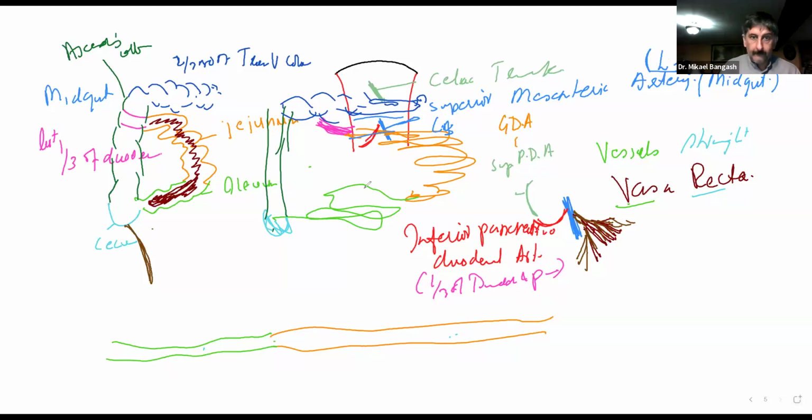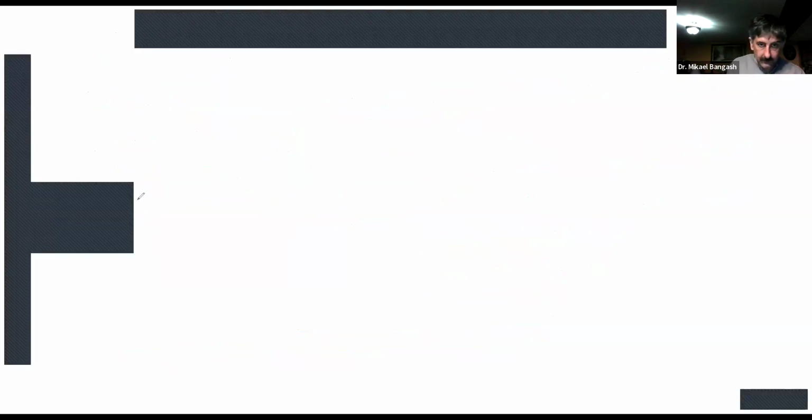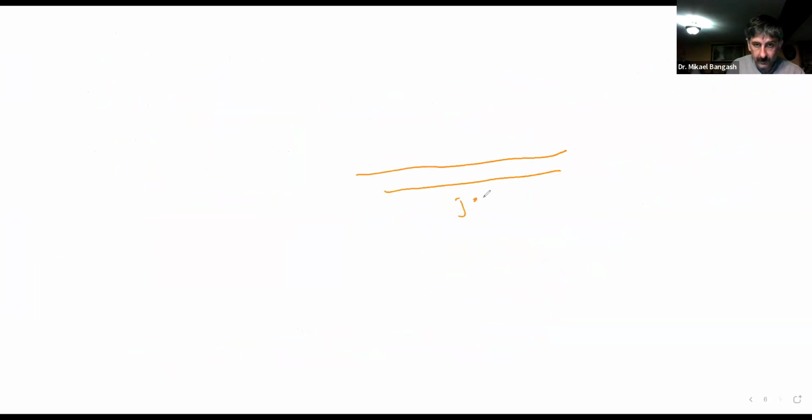Now, let's just say this here will be the jejunum, and this will be the ileum, which means we're going to get the blood supply from what we call the vasa recta.